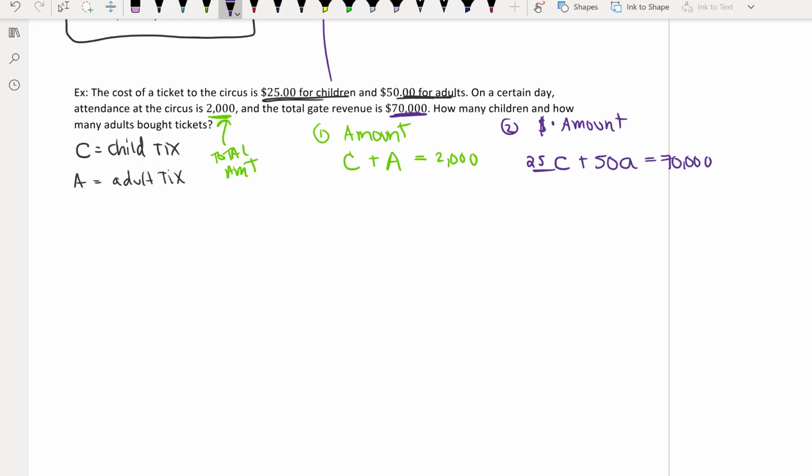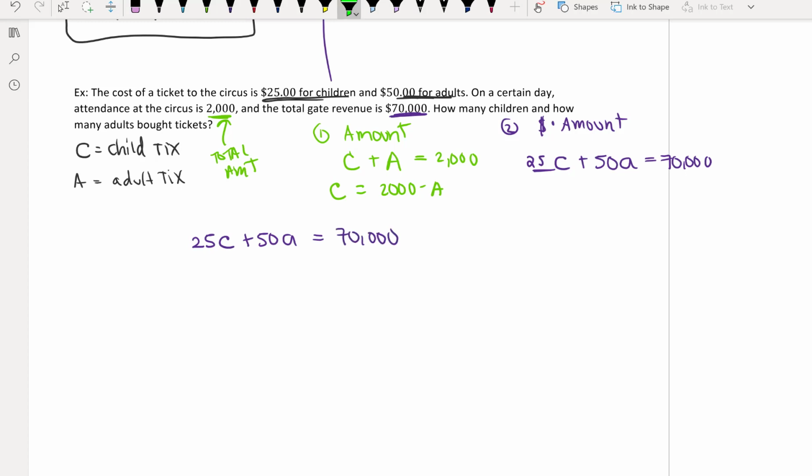I can either do a substitution or I can do elimination. For this one, why not we do substitution? So let's get the C by itself. C is equal to my 2,000 minus A. So I have my equation of 25C plus 50A is equal to my 70,000.